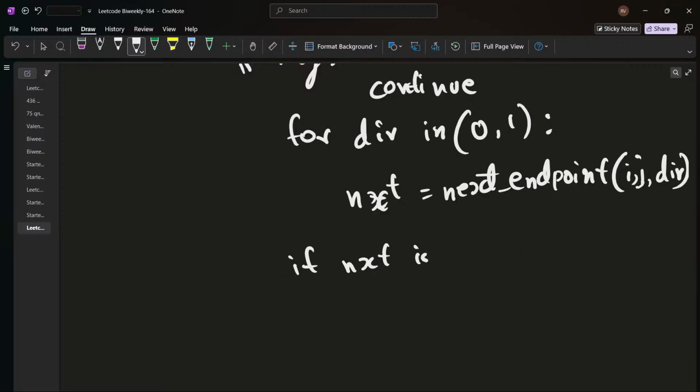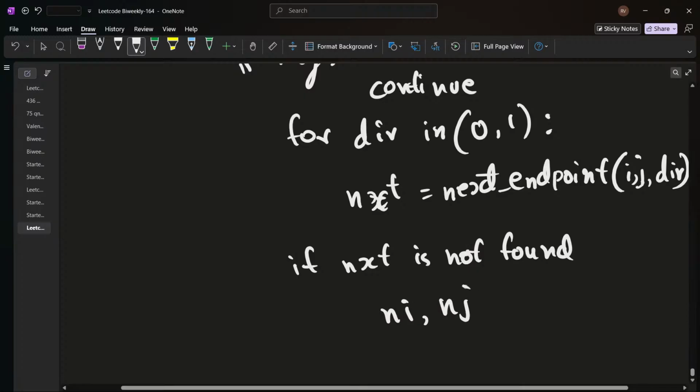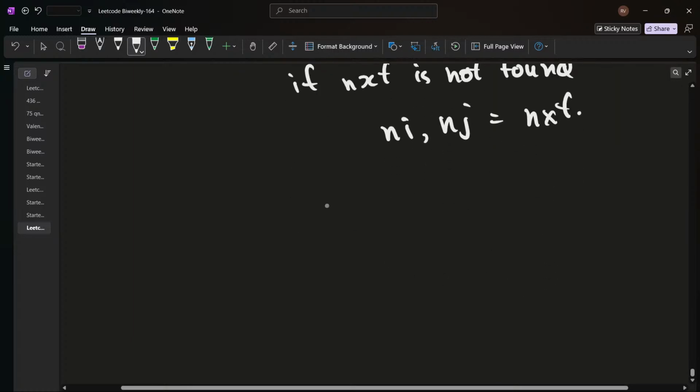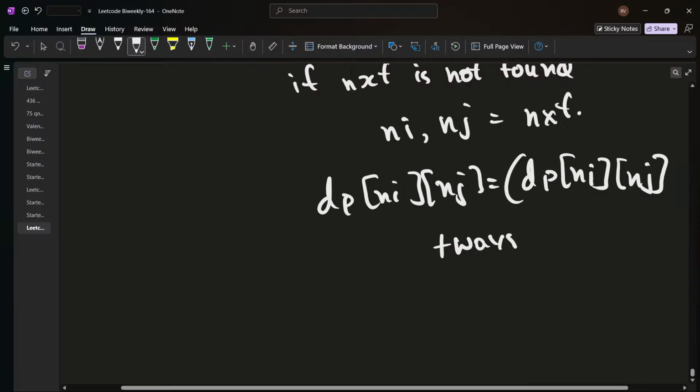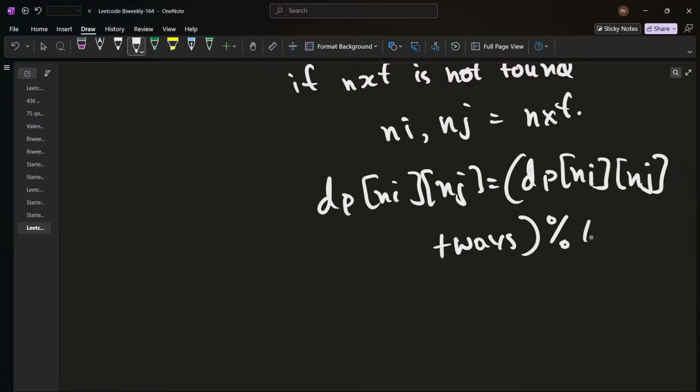If nxt is not none, ni nj is equal to nxt, and then I'll update my 2D dp of ni nj, which is equal to dp of ni nj plus base, modulus of mod, which is 10 power 9 plus 7.